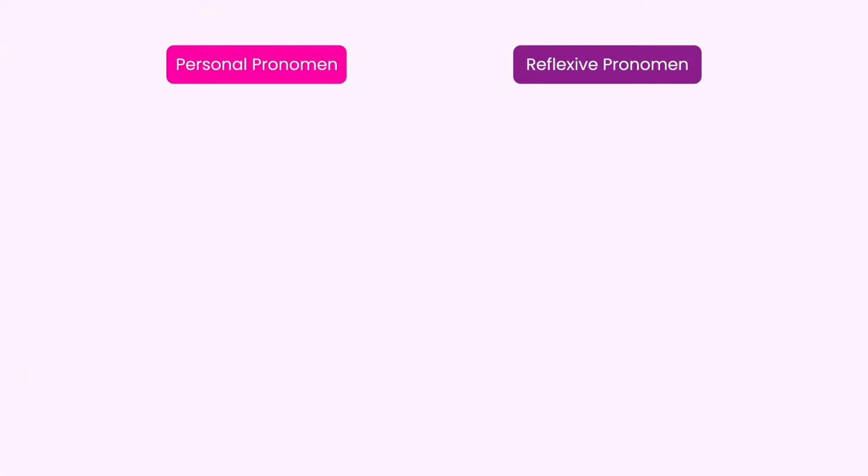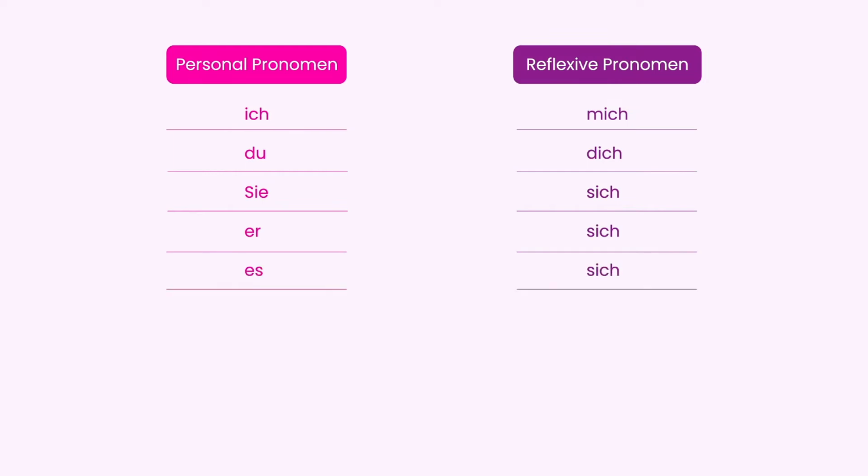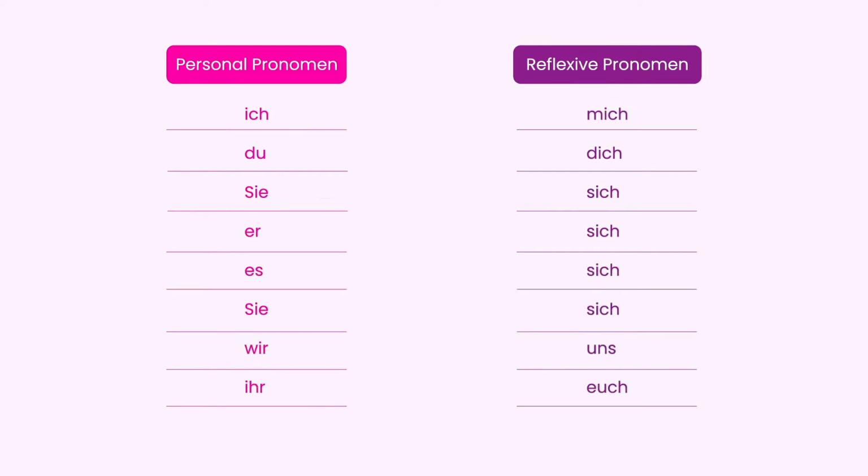Before we talk in detail about these two categories, let's look on the screen at what reflexive pronouns are. Each pronoun will have its own reflexive pronoun: ich, mich; du, dich; er, es, sie, sich; wir, uns; and sie, sich.